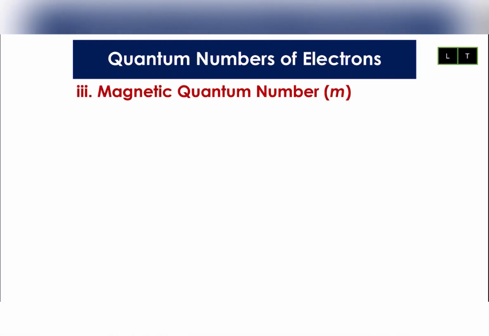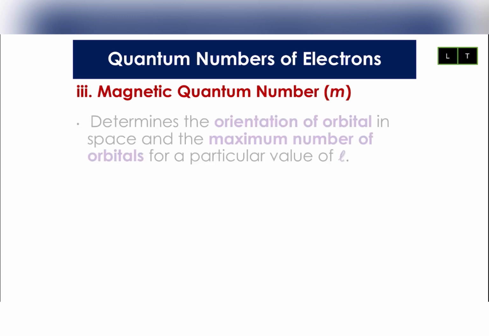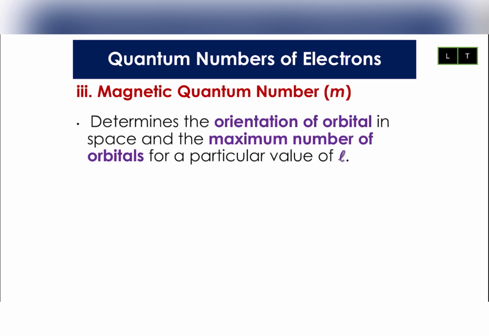Let's continue with magnetic quantum number. Magnetic quantum number with the symbol M can determine the orientation of orbital in space and the maximum number of orbitals for a particular value for L. So now you have to understand the next quantum number here, it will depend on the previous one.